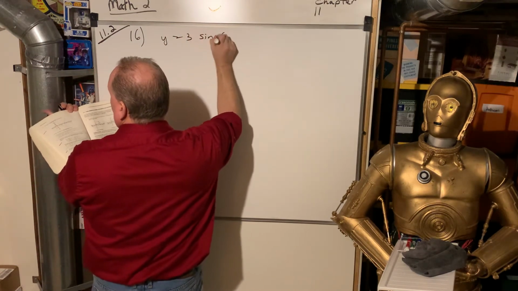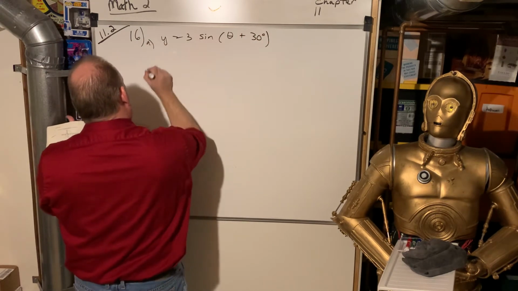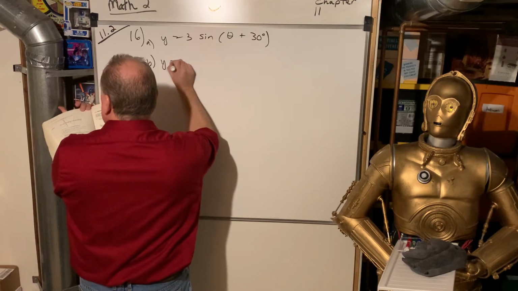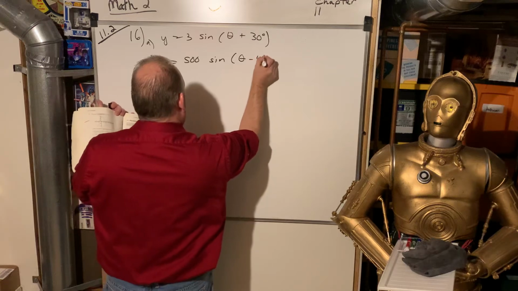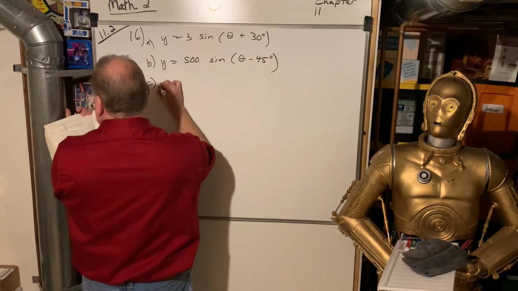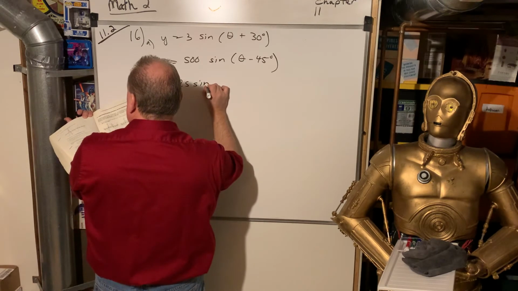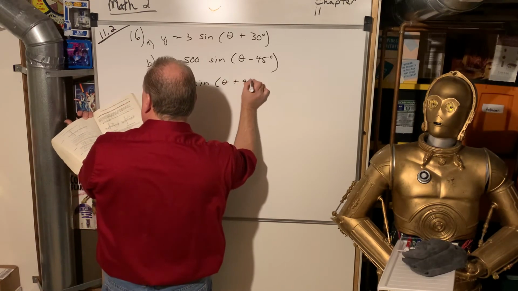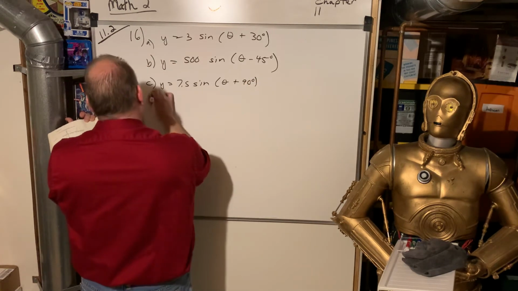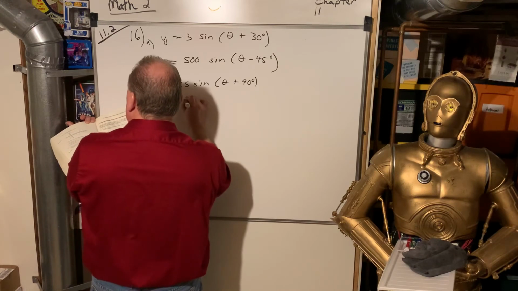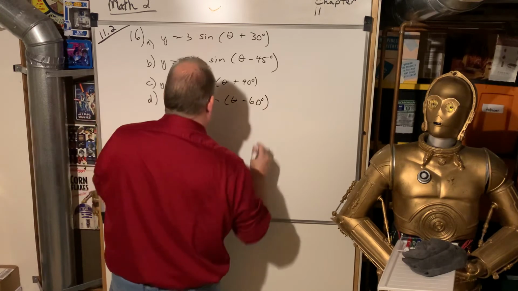A is y equals 3 sine theta. B is y equals 500 sine theta minus 45 degrees. C is y equals 7.5 sine theta plus 90. And D is y equals 83.1 sine theta minus 60 degrees.